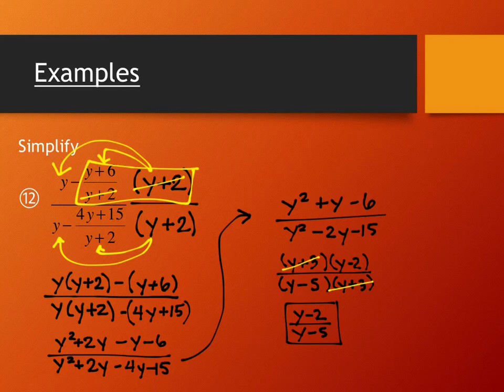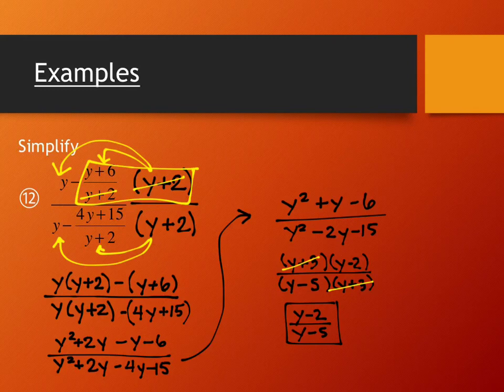Yes, ma'am. Why couldn't you go ahead and just cross out the y in the second step? So the problem right here is that each of these pieces are not factors of the whole thing. They're only a factor of this portion, right?